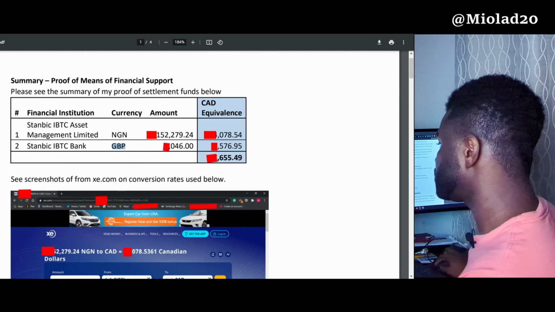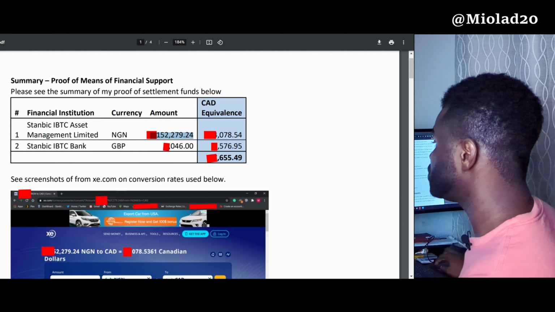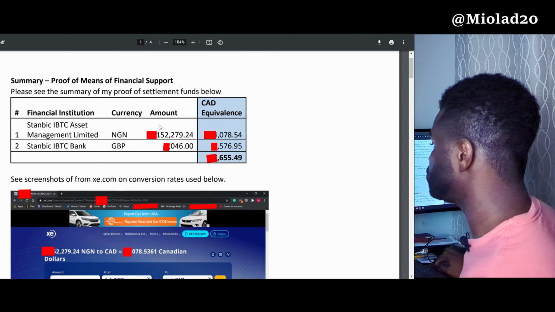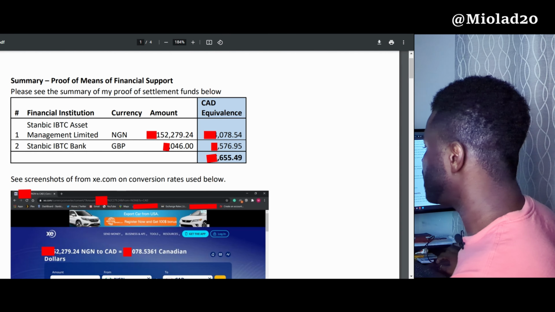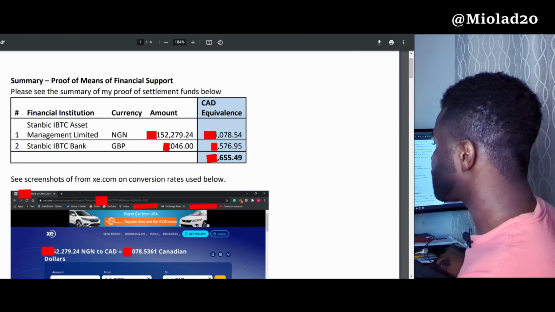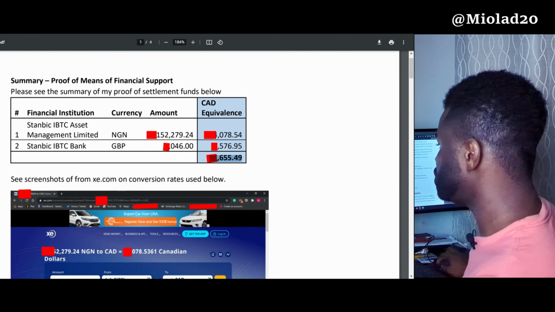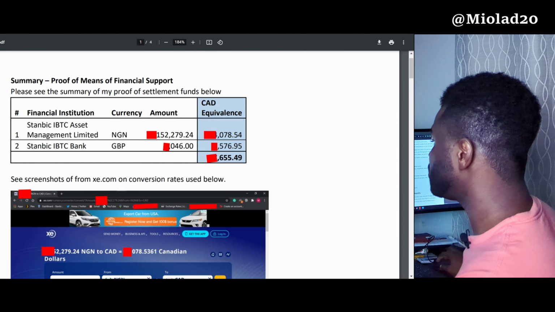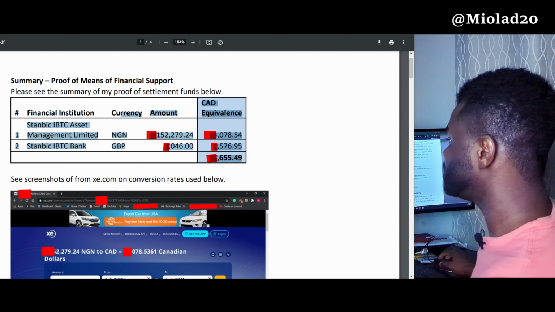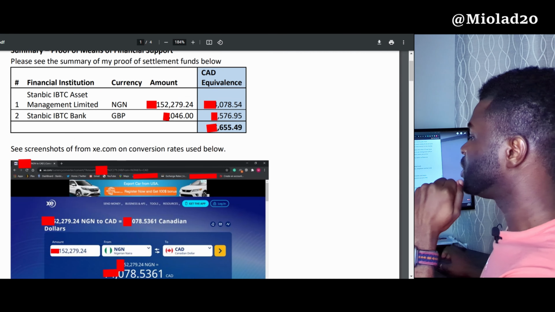One has about this amount in it, which is in Naira, and the other has this amount, which is in pounds. Then I converted that amount into Canadian dollars, which are put here, and I also highlighted. So there's no way a visa officer would look at this document and they would be confused.